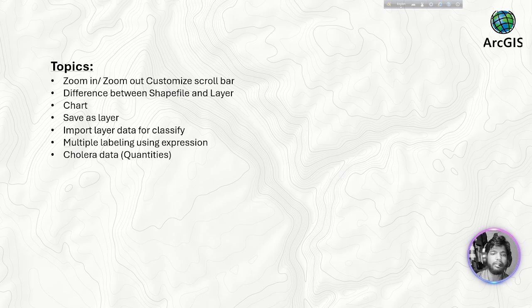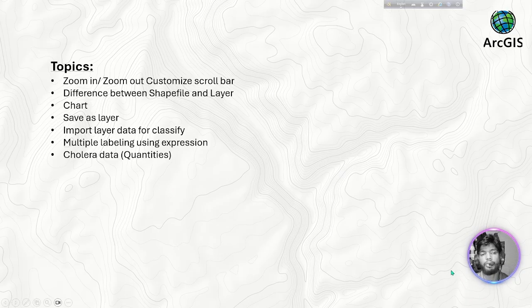Then we will import the layer data for classifying the same class. Then we will work with multiple labeling using expression. Then we will work with the cholera data of Dr. John Snow, from the very early days of cholera when it was situated in London. Okay, these topics will be covered in today's video.